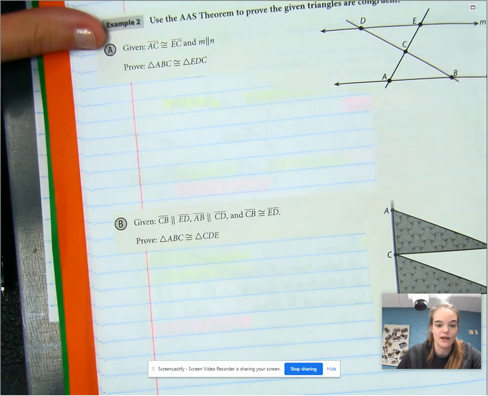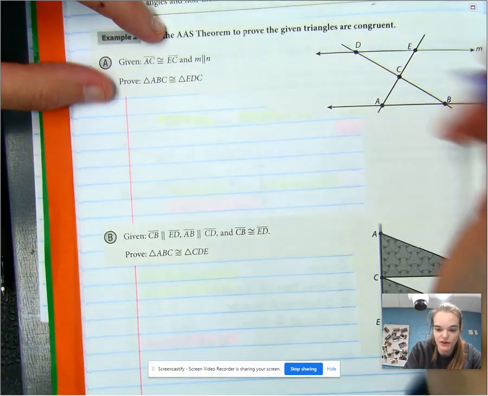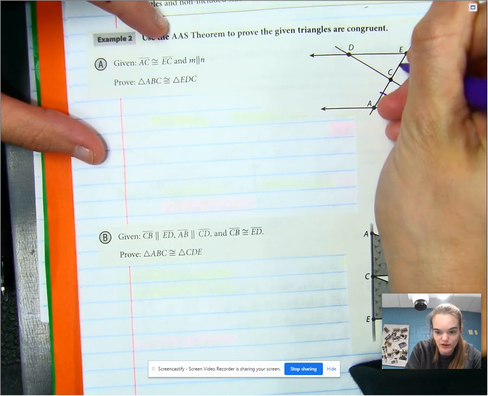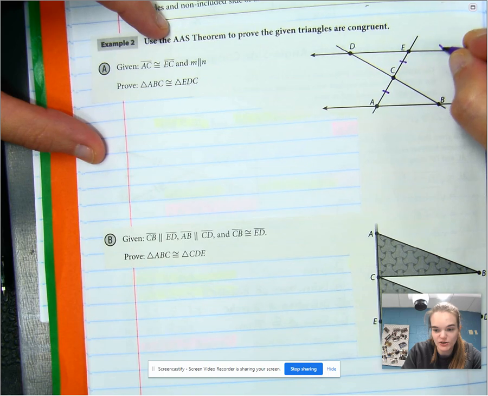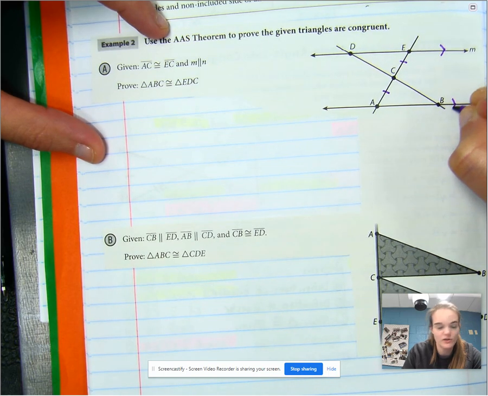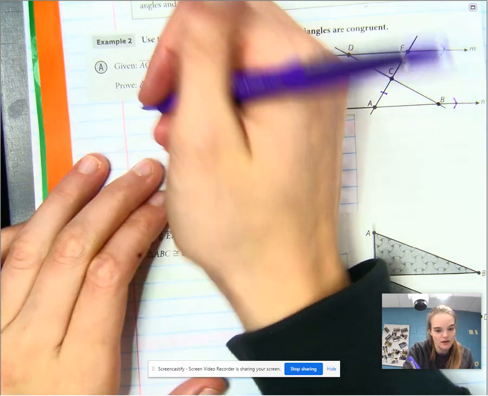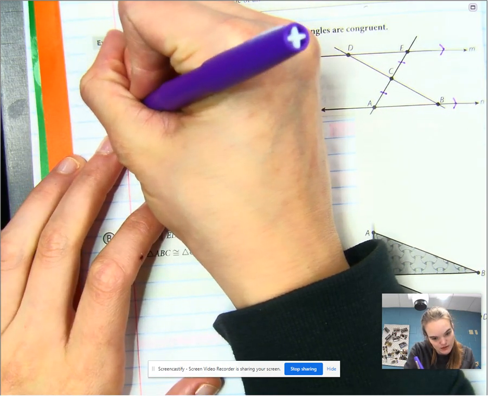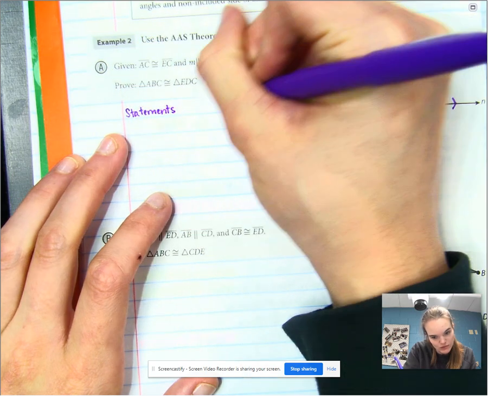So in example A, we're given that AC is congruent to EC. We're going to go ahead and mark that, and we'll put it in our given. We are also given that M is parallel to N. You mark that by putting a little arrow. Okay, so we're going to go ahead and write that. Statements. Reasons.